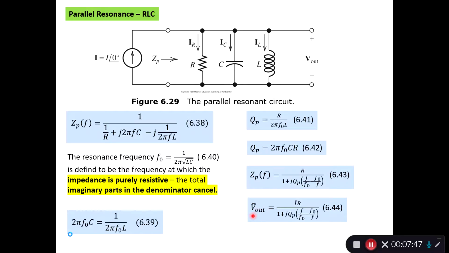The output voltage is, of course, the input current times the resistor divided by the parallel impedance of the circuit.